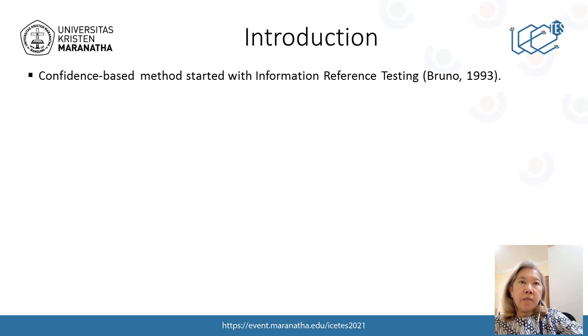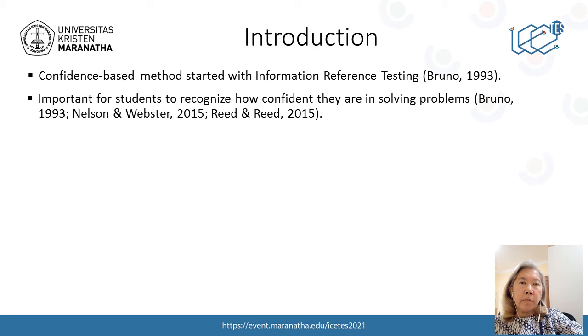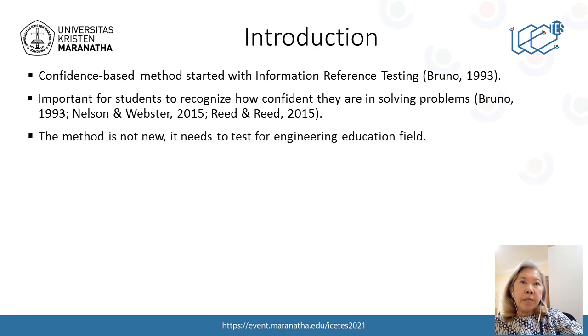The confidence-based method started with information reference testing in 1993. It is important for students to recognize how confident they are in solving problems. The method is not new, but it needs to be tested for the engineering education field.